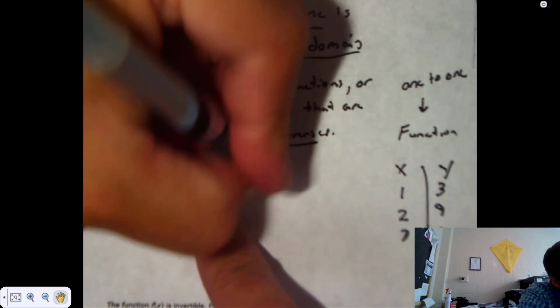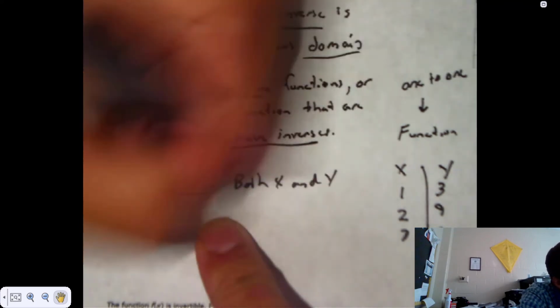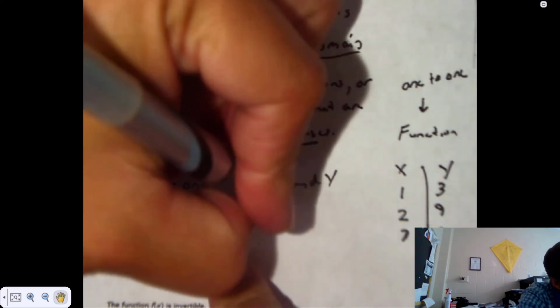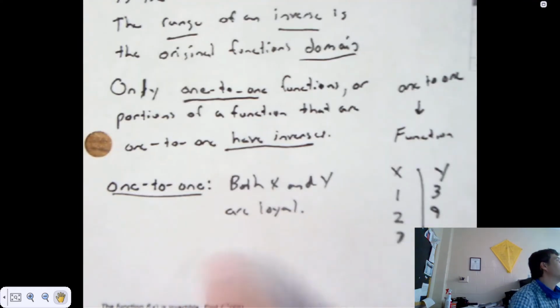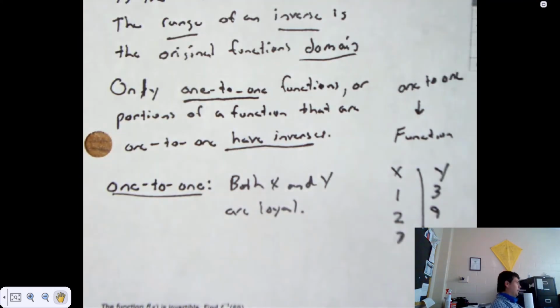Both x and y are loyal. They will not stray. They will not look at the waitress during dinner, or waiter. They are loyal.